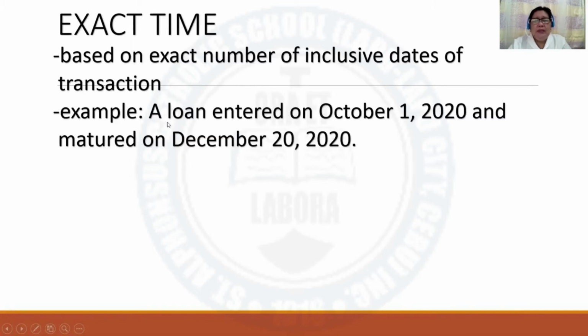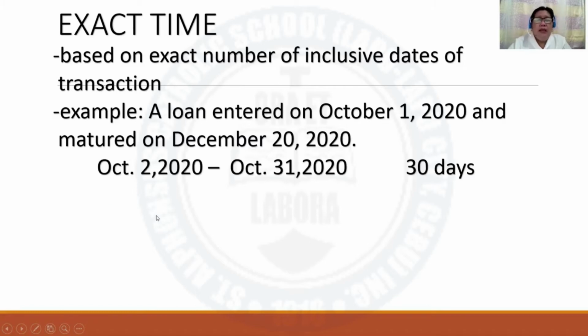So for example, if a loan entered on October 1, 2020 and matured on December 20, 2020, then you will start counting on October 2 because you just entered your loan on October 1. So meaning October 1 is not included. So from October 2 to October 31, 2020, that is good for 30 days.